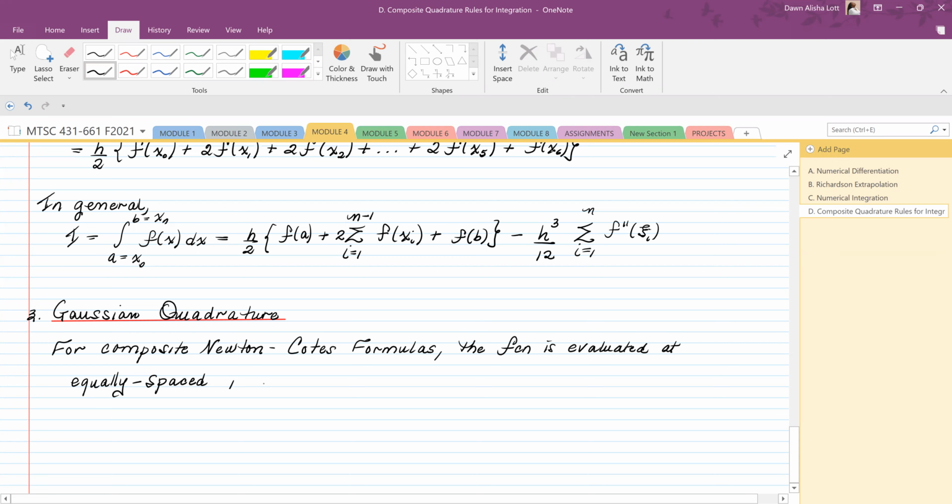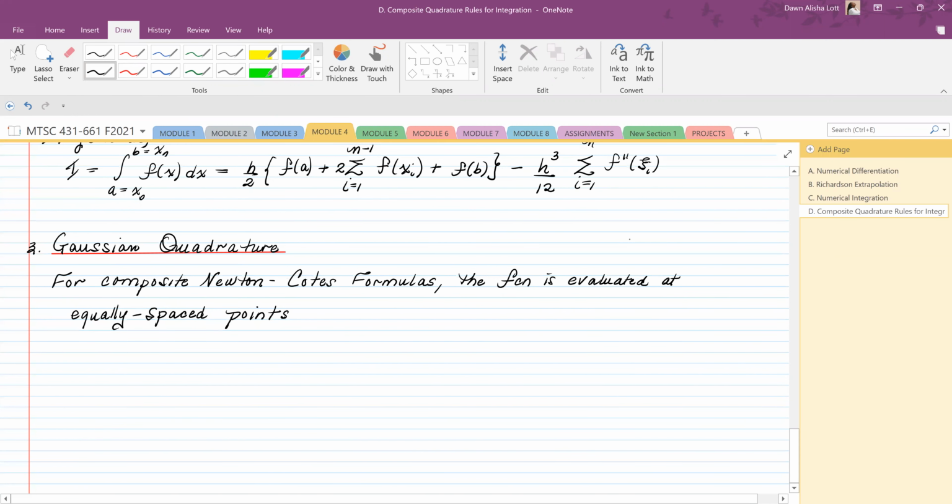So you take your interval, you divide it by h, and you are set with all of your intervals that are all the same, equally spaced away from each other where your x's are. Okay.